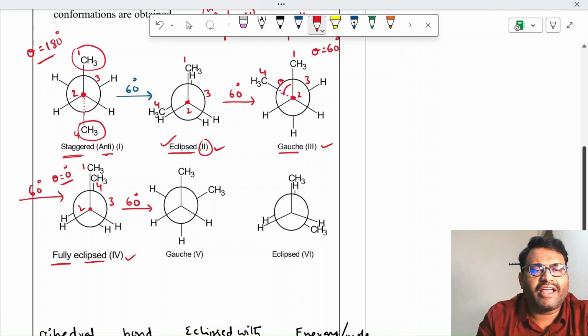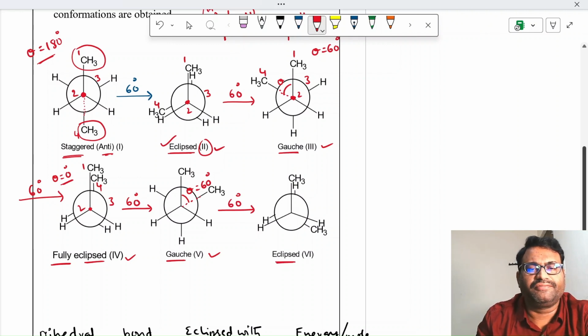Again here, what angle are you finding? The angle is 60 degrees, dihedral angle. Similarly, the third conformation and fifth conformation are the same. That is the reason they are again called gauche conformations. Rotating the third carbon atom again by 60 degrees, what do you get?